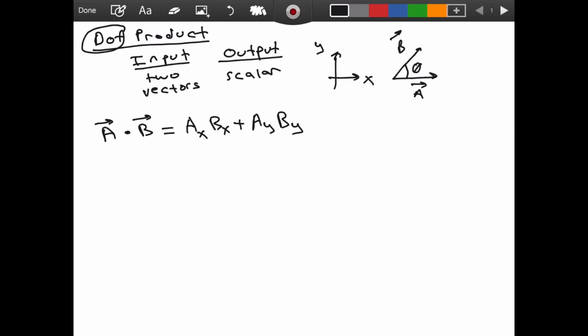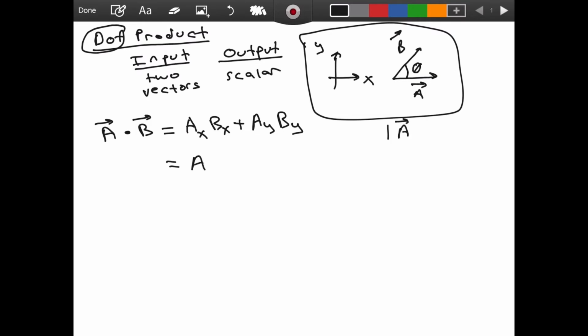So from this diagram, what is Ax? Well, when we look at this, we see that all of our vector A is directed in the x direction. So the magnitude of our vector A, and I will just use a capital A for the magnitude of A, and same for B, okay?